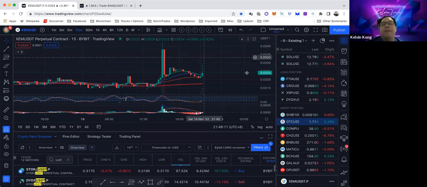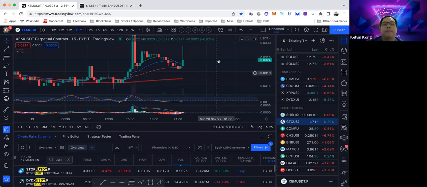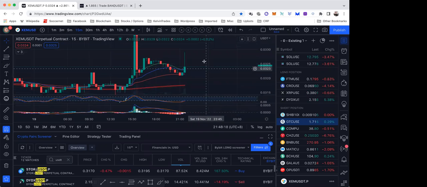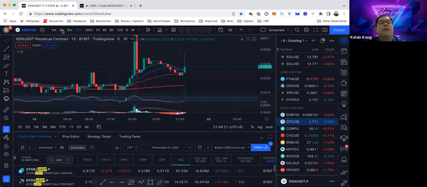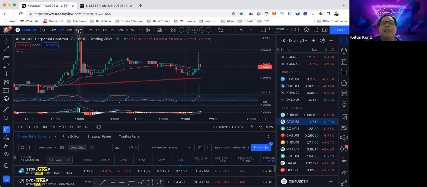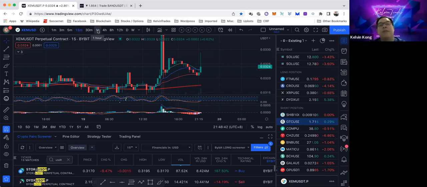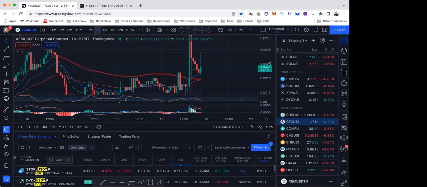It pumped already and then came back down, so it's over. We'd have to go to a lower time frame to see, but I don't want to trade such a low time frame. If this kind of signal comes out on the 1 hour chart, then we look at the 15 to see how it plays out.